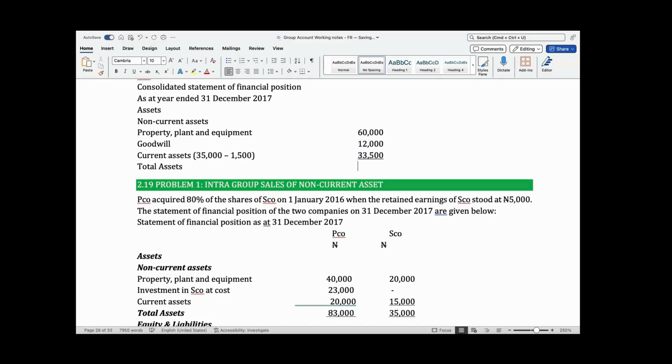What's my total assets? How much? 105,500.